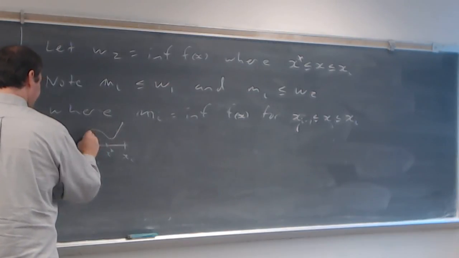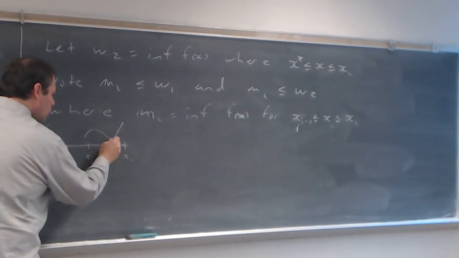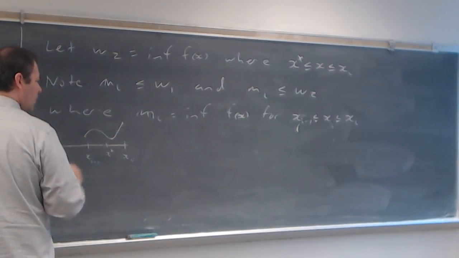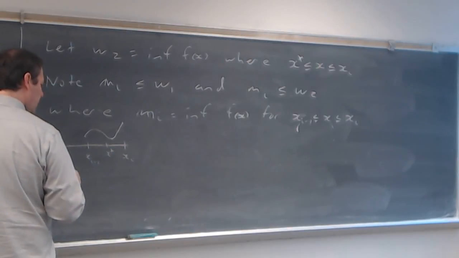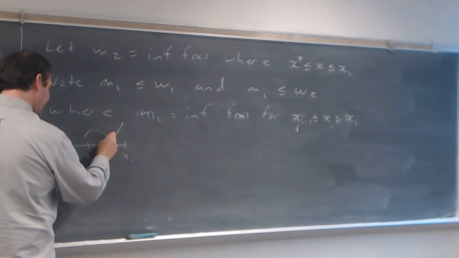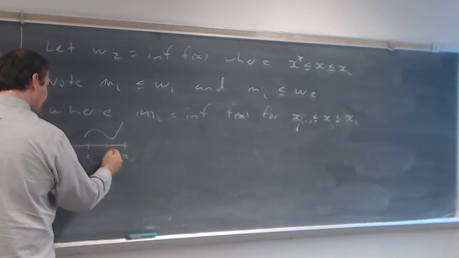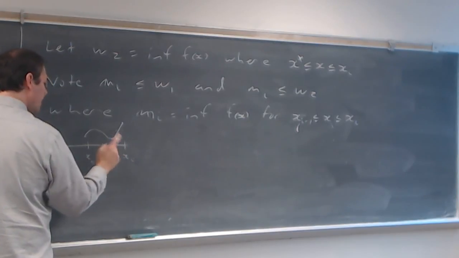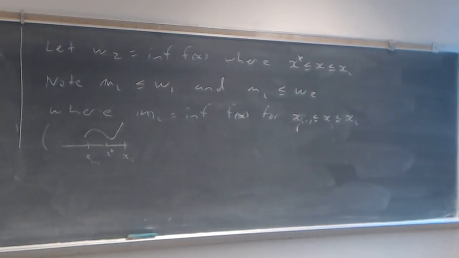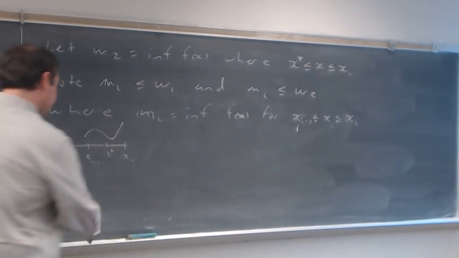The m sub i is the lowest y value over this whole region. If you look at the lowest value over this region, maybe that's here, and the lowest value over this region, both of them have to be bigger than or equal to the lowest value of the whole region. That's all we're saying.